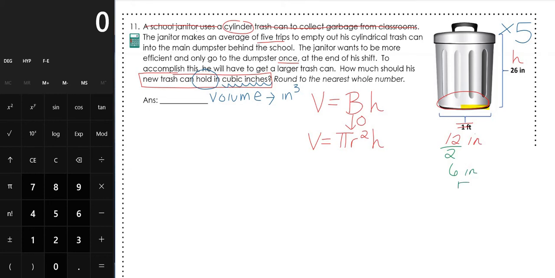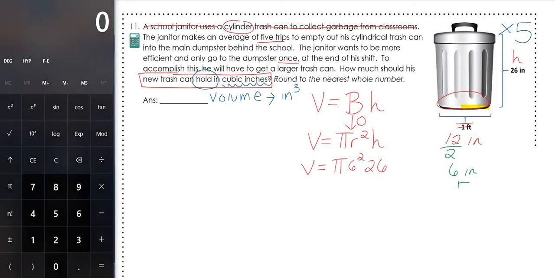So let's plug all of this into our equation. V equals pi, the radius is 6, squared, times your height of 26. All of this is in inches. Now we're going to multiply across, but we're not going to multiply the pi in just yet. So let's go to our calculator, start with the 6 squared.